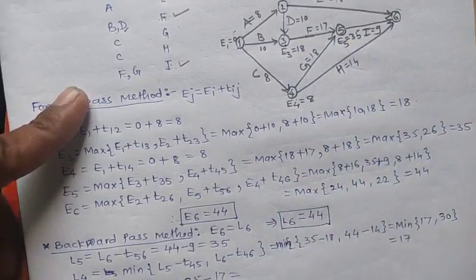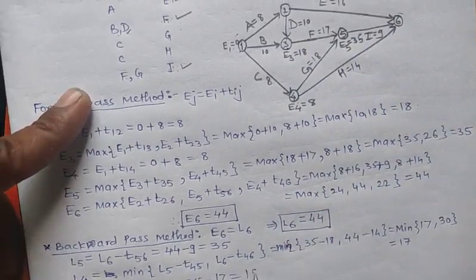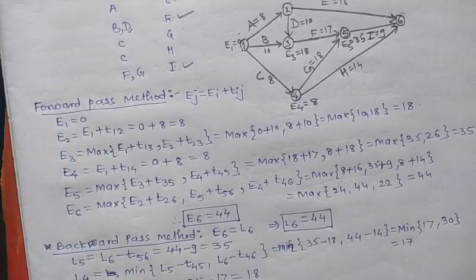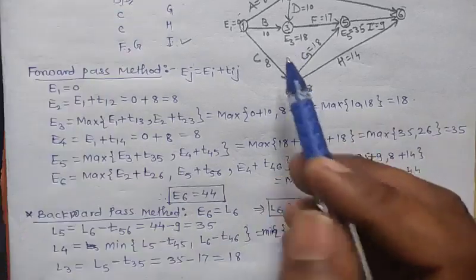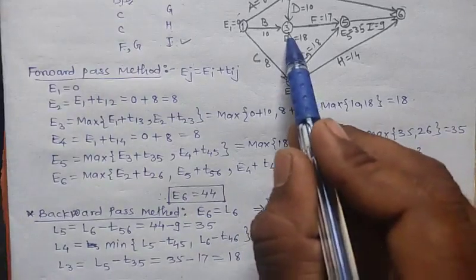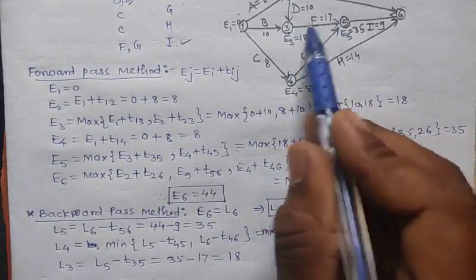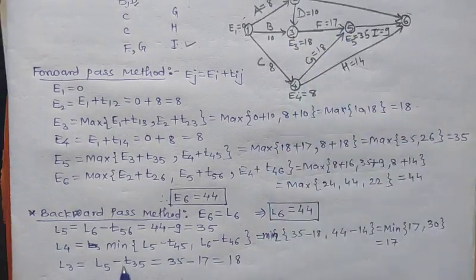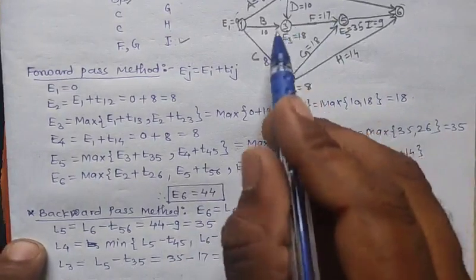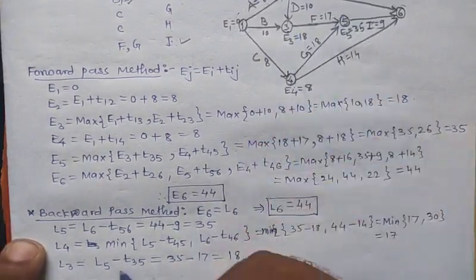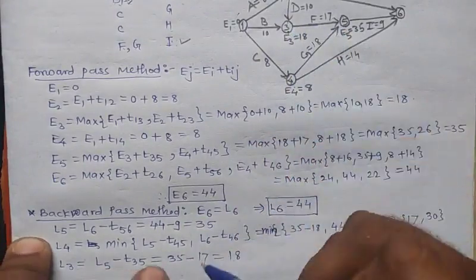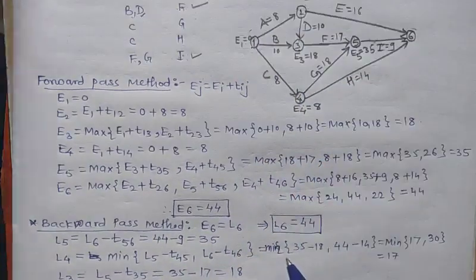So subtracting, we get the answer 18. So L3 has value 18, because from L3 we got only one outgoing arrow. Because L3 goes to L5, we get L5 minus this distance T35. Next, calculate L2.